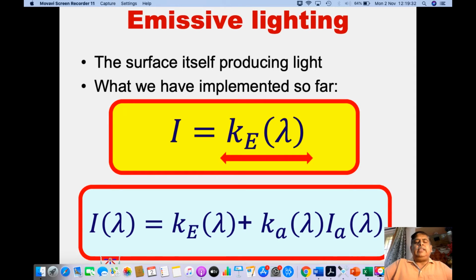The object is itself a light source, and the second term is the ambient light source, which depends on the property of the object, which is Ka lambda, and the second one is the ambient intensity, which is there in the room due to scattering from different walls or light reaching from neighboring rooms or from sunlight leaking through the edges of the window.